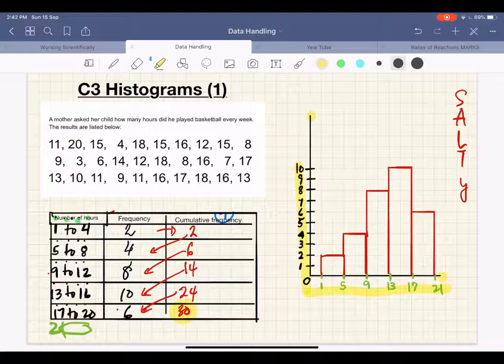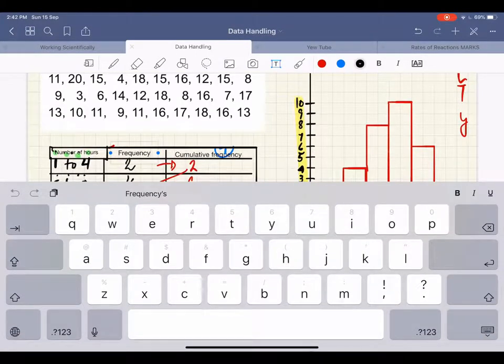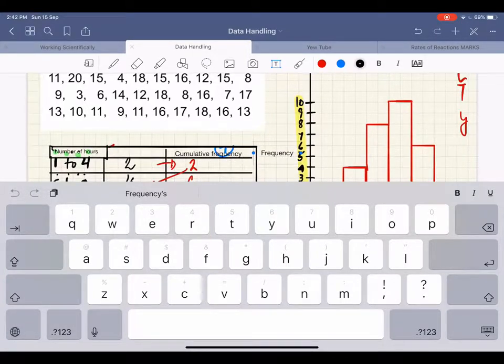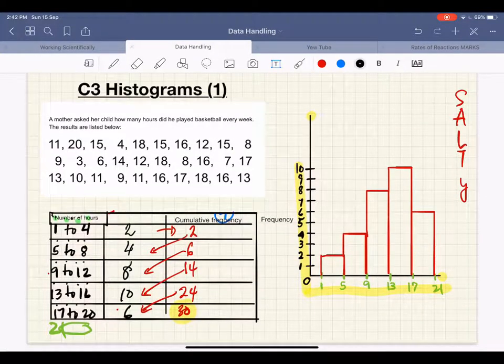Do we have labels? No. So how do we put the labels? Let's look at our table. We have frequency. And where do we put frequency? Frequency would be the y-axis, so that's why I move frequency there.